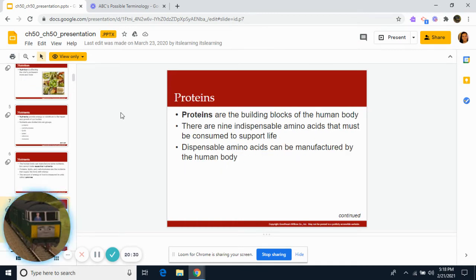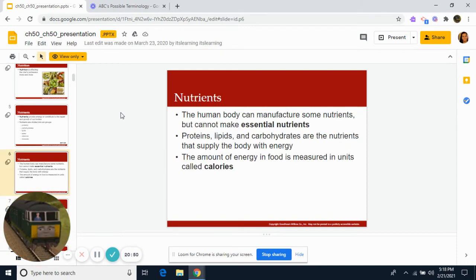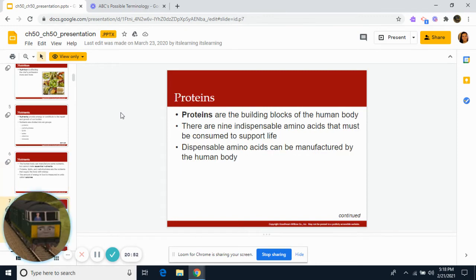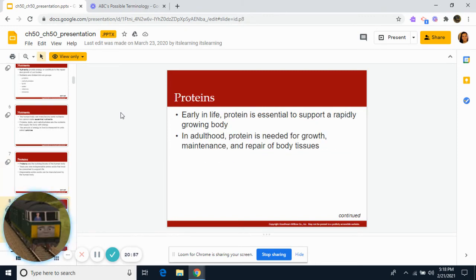Proteins. Proteins are the building blocks of the human body. There are 9 indispensable amino acids that must be consumed to support life. Dispensable amino acids can be manufactured in the human body, which can be called calories as well. Early in life, protein is essential to support a rapidly growing body.